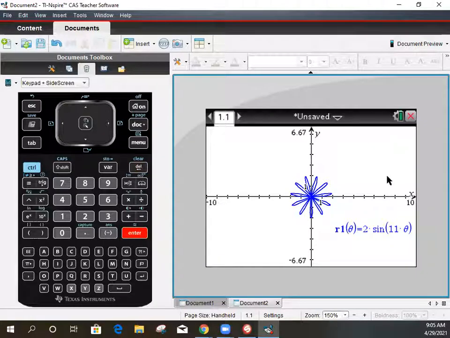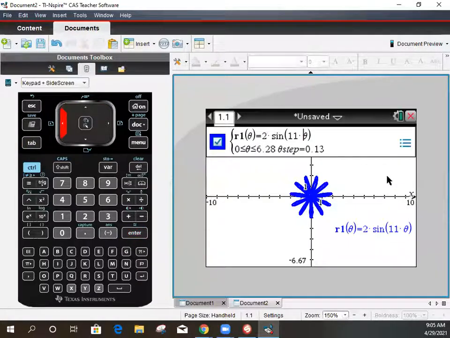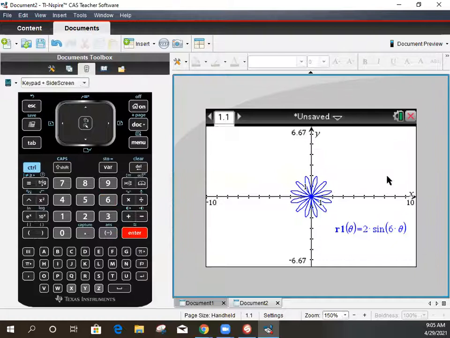If N is odd and it's sine, then you'll have the same number of petals as N. But when it's even, so like 6, now you're gonna have 12 petals. So you'll have half of that even number in each quadrant, and there's 4 quadrants. So 6 cut in half is 3, and then 3 times 4 is 12. So dividing by 2 and multiplying by 4 is the same thing as multiplying by 2.